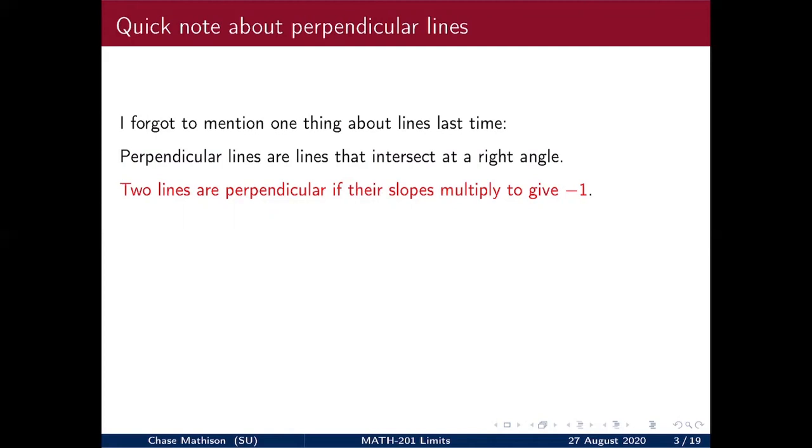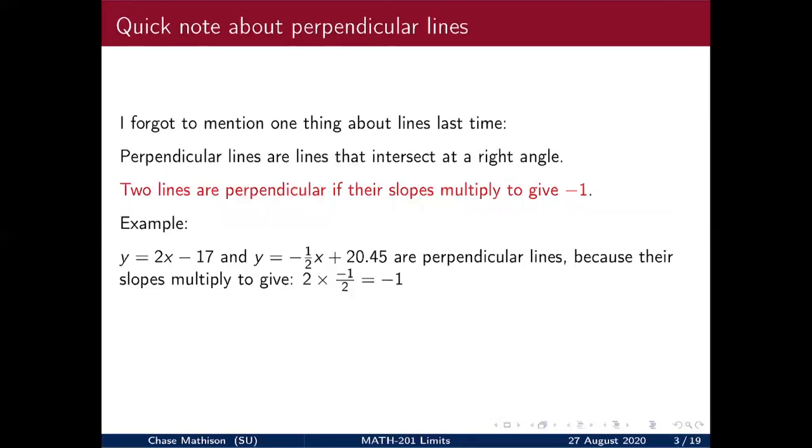That's how you check to see if two lines are perpendicular. That's all there is to it. Why -1? Well, I could show you, but it's not very illuminating. It's just a little bit of trickery. I think it's easiest to just remember two lines are perpendicular if you multiply their slopes and you get -1.